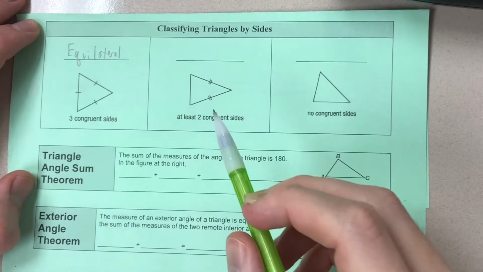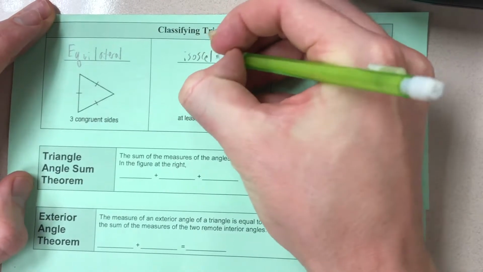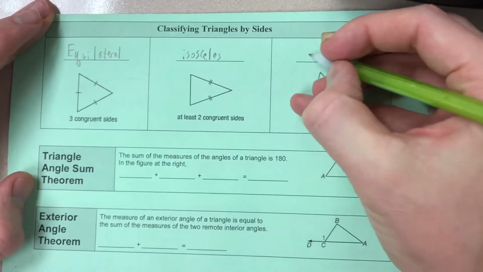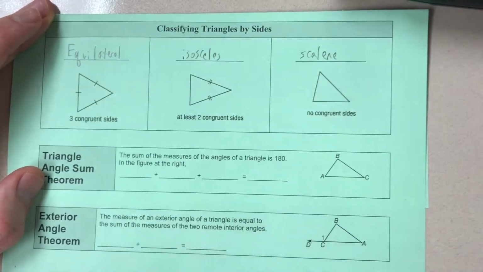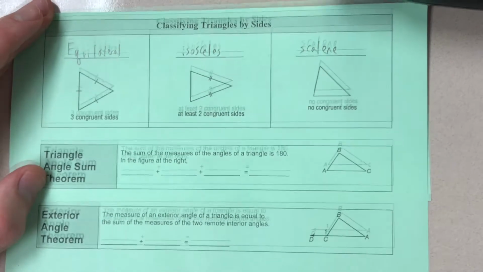If it has 2 congruent sides, we can call it isosceles. That's saying it has 2 congruent sides. If it has no congruent sides, we can say it is scalene. It is a scalene triangle.